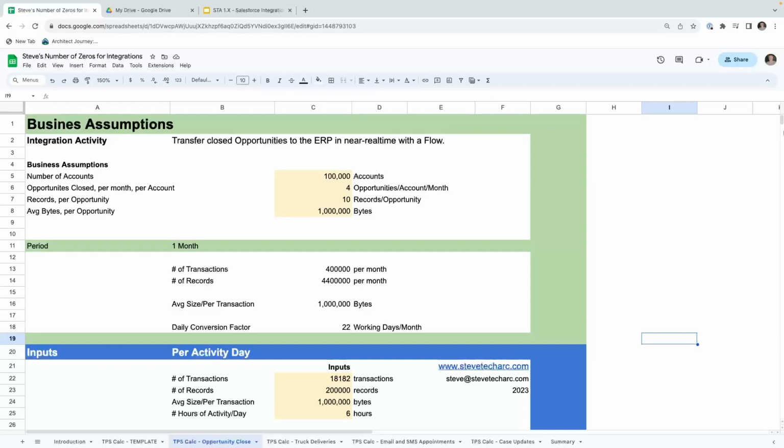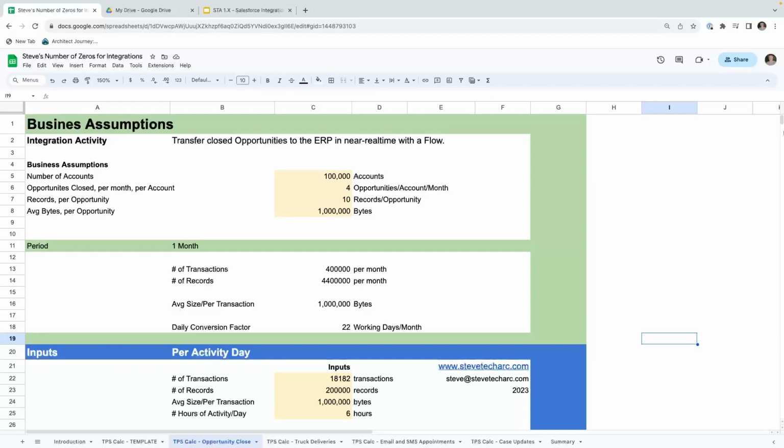Number of accounts, and the business may say 100,000. And we're going to be talking about, in a monthly category, how many opportunities close in a month on average per account. So if they're looking at closing 1 per week, I put 4. We don't need 10. We can just get to a nice clear number the business agreed to.